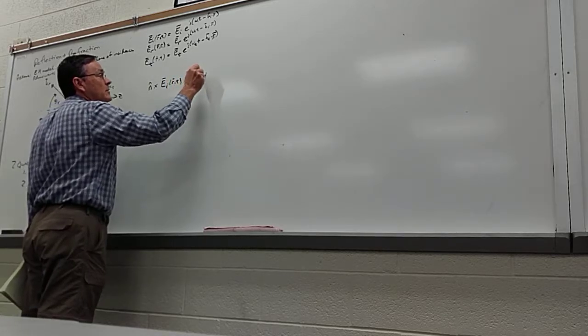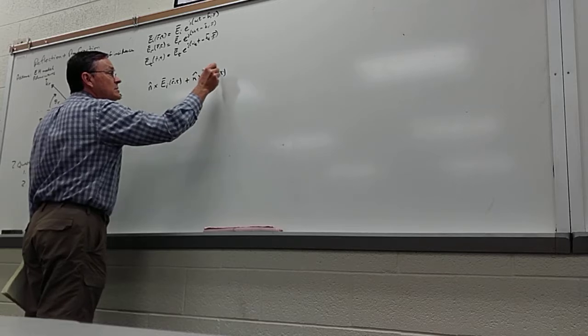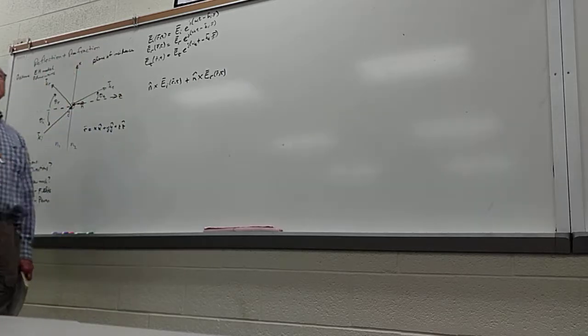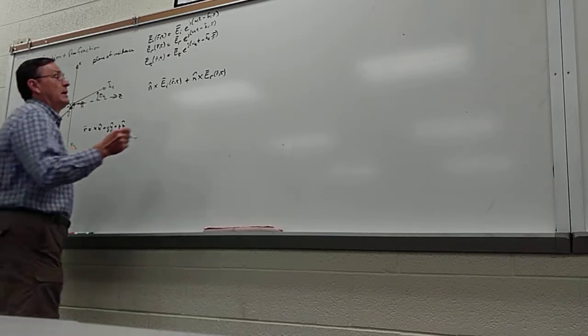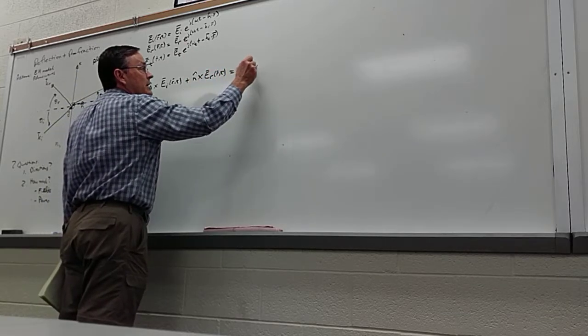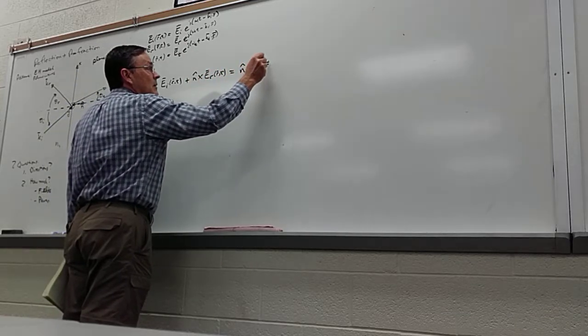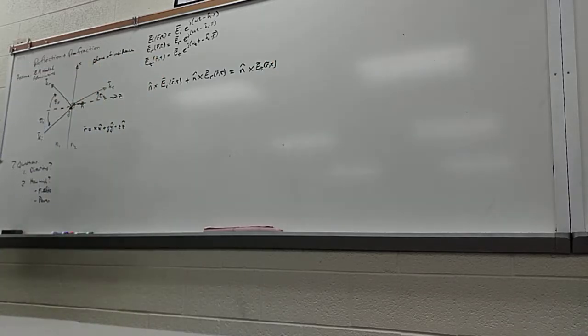So we need n hat crossed into E sub r, the total tangential field on the left-hand side in material with refractive index n1. And on the right-hand side, we only have one field, so that's easy: n hat cross E sub t. So that's our boundary condition for the electric field.